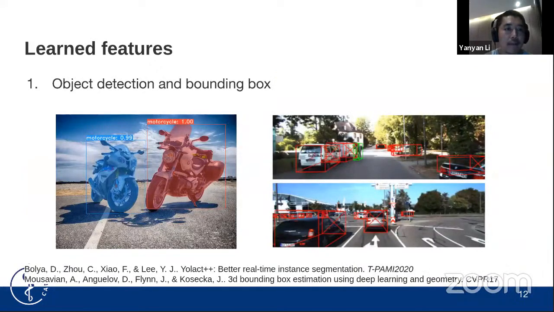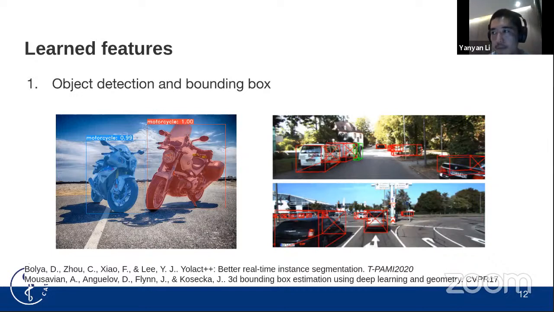And then more high level information. We also can use the network to detect objects. A naive direction is maybe we can use this semantic information to generate a semantic map, right?